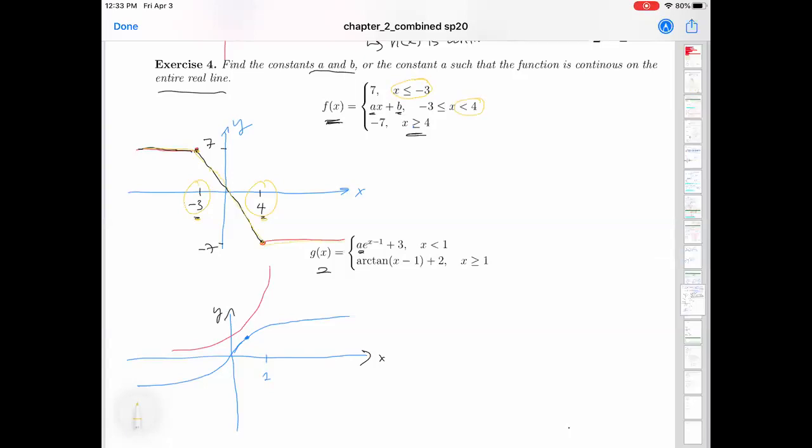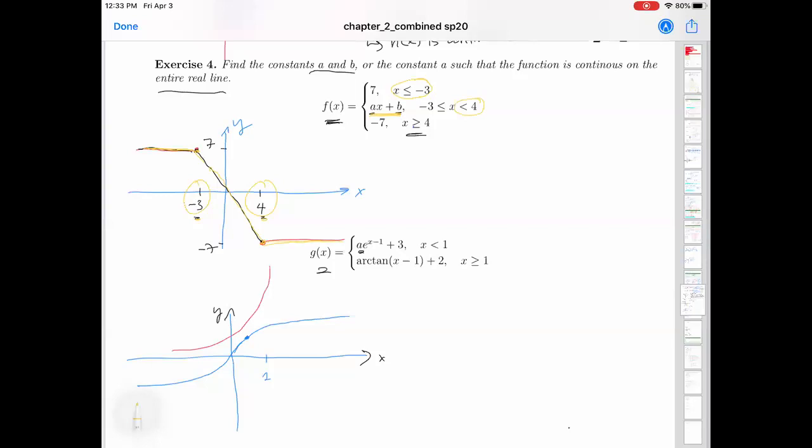So that idea helps me to think that, in order to determine a and b for the second function here, I need to make sure that this line passes through this point and this point to connect these 2 lines together.